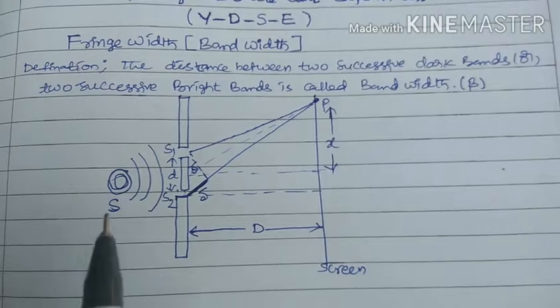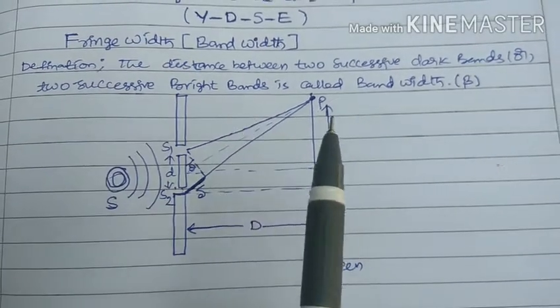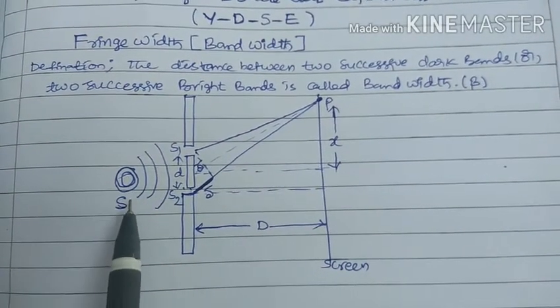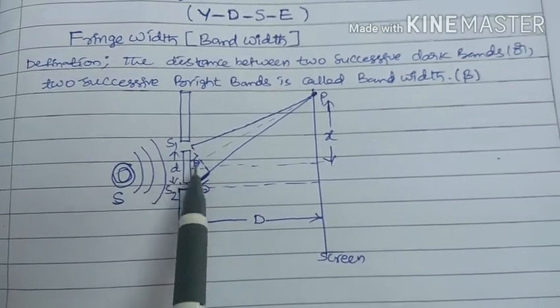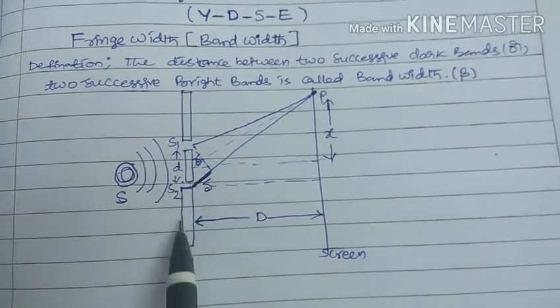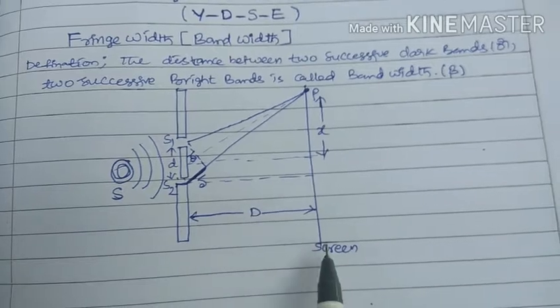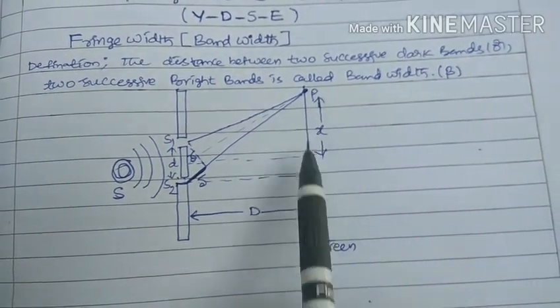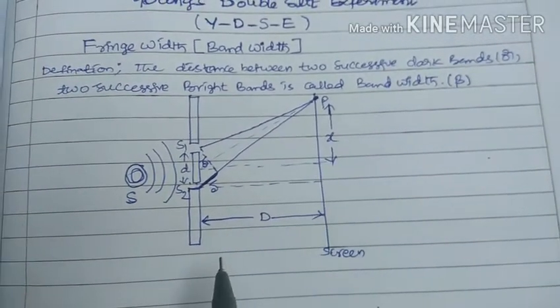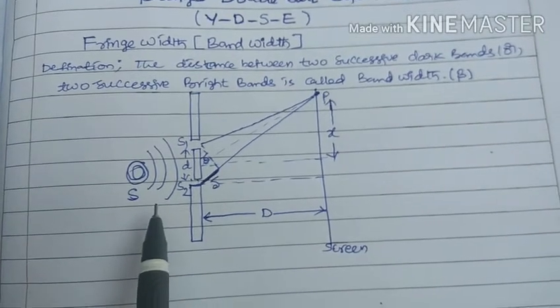Here is the diagram to find the fringe width of the fringe pattern. Here is the source, this is the screen having the slits S1 and S2, and this is the screen on which the fringe pattern is observed.